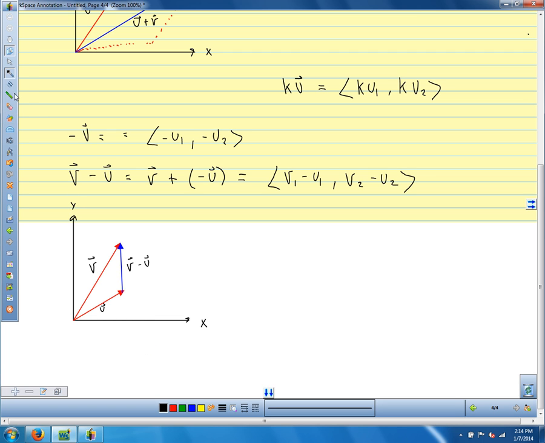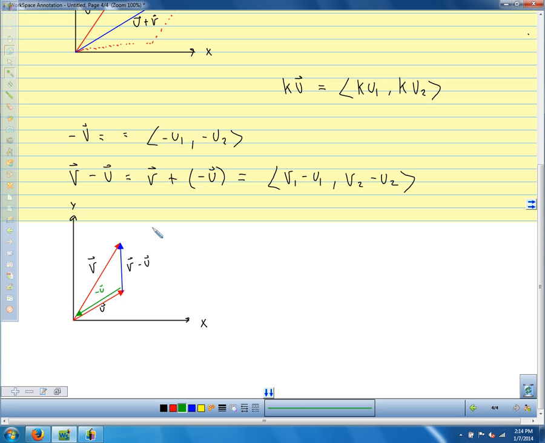And we can visualize that by thinking of flipping u around, turning it the opposite direction. So the green vector is minus u. And now I have these two vectors head to tail, and this is v minus u.